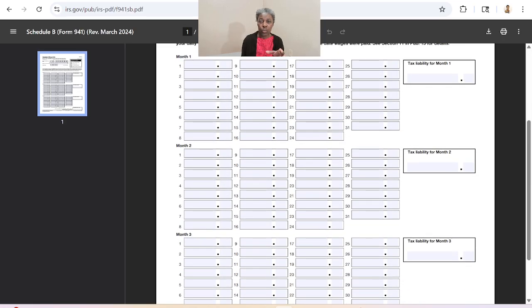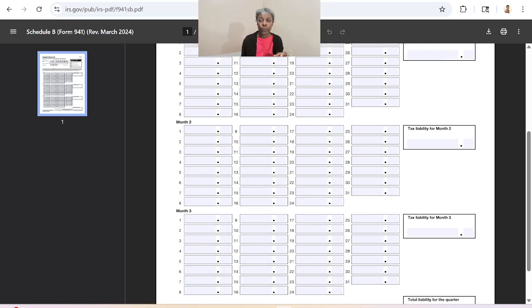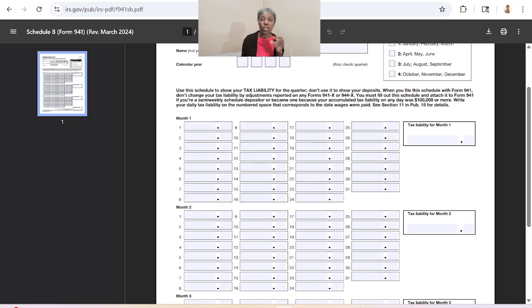And it just has day 1 to day 30 or 31 for every month listed, so that you can list your tax liability. When they say tax liability, it's like when you pay people, you already have a tax liability that day.